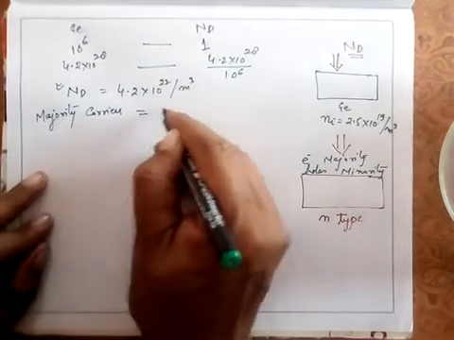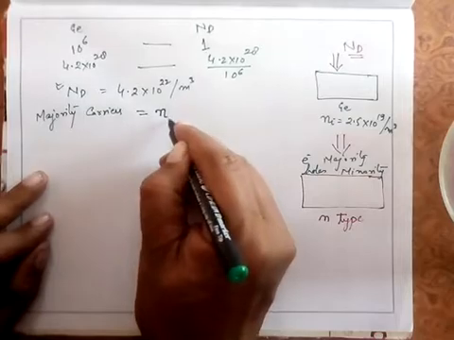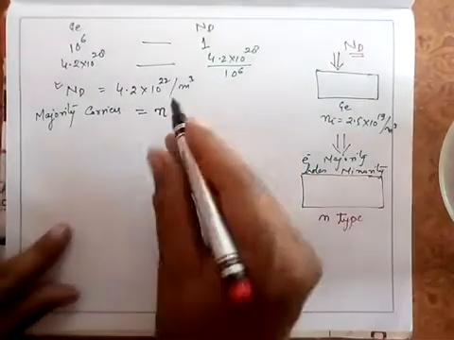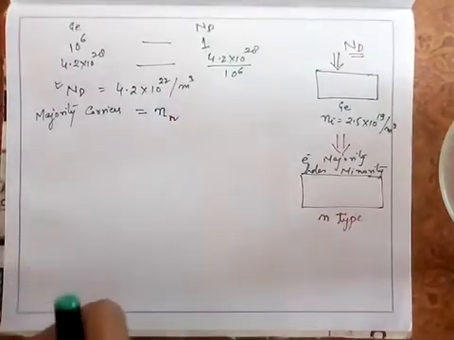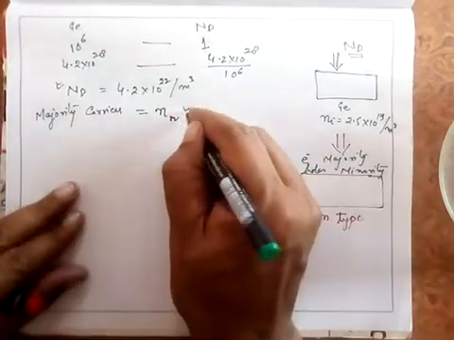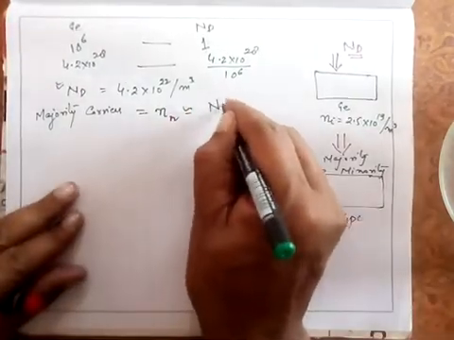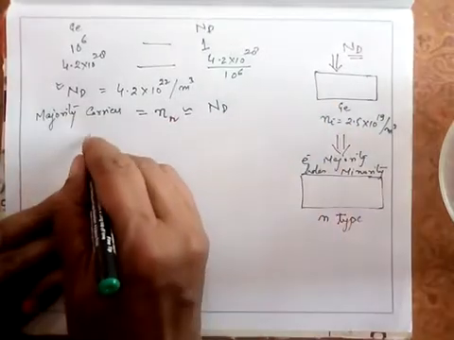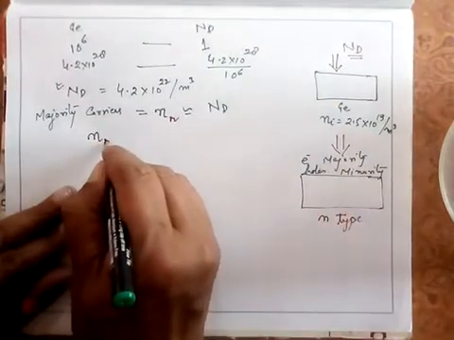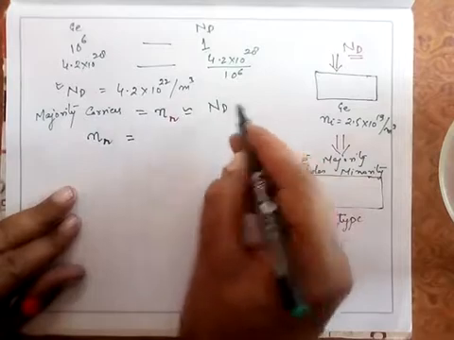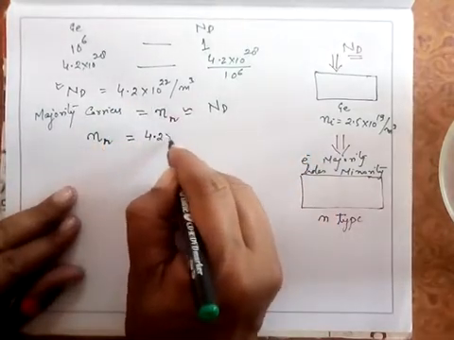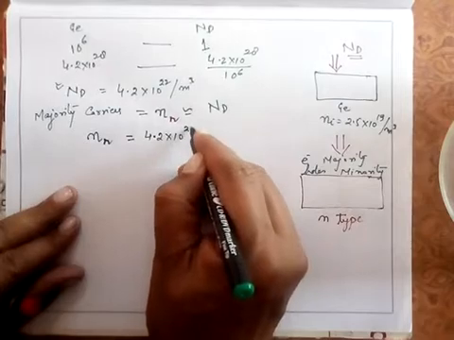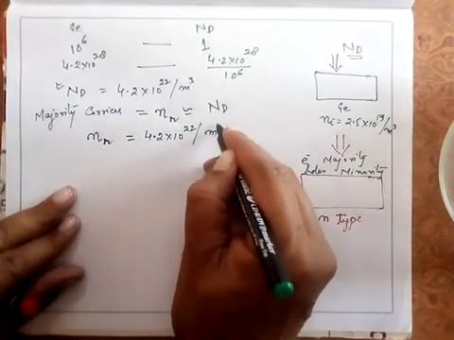And I told you that these are approximately equal to Nd. So the majority charge carriers are the electrons in the n type semiconductor, equal to 4.2 into 10 to the power 22 per meter cube.